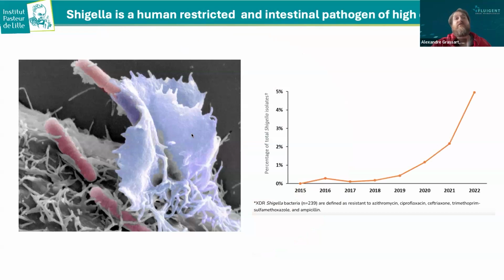It's called Shigella, which you can see here on the left, the red bacillus. And it's of high concern because we observe among clinical isolates a huge and increasing resistance to antibiotics over the last 5 years.